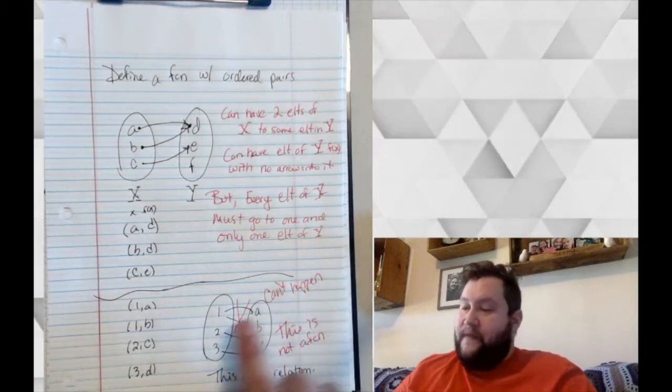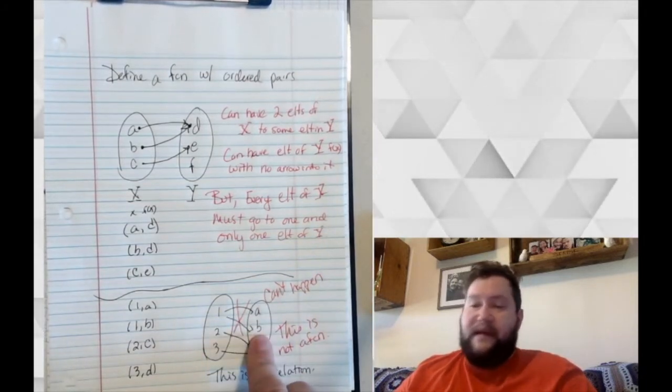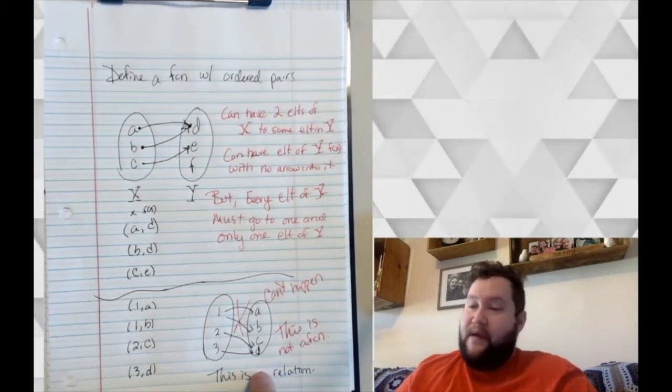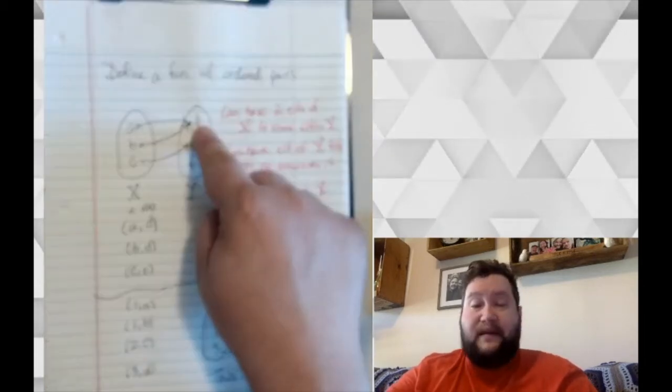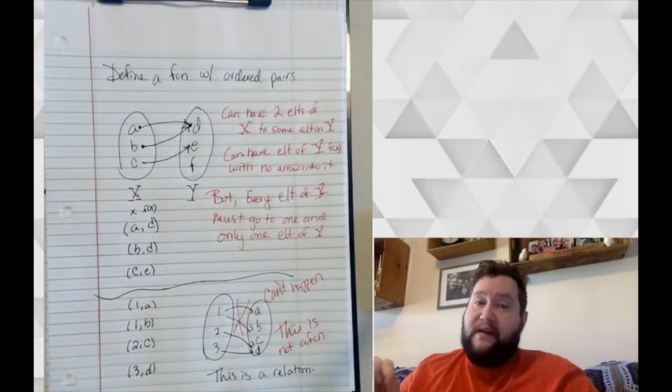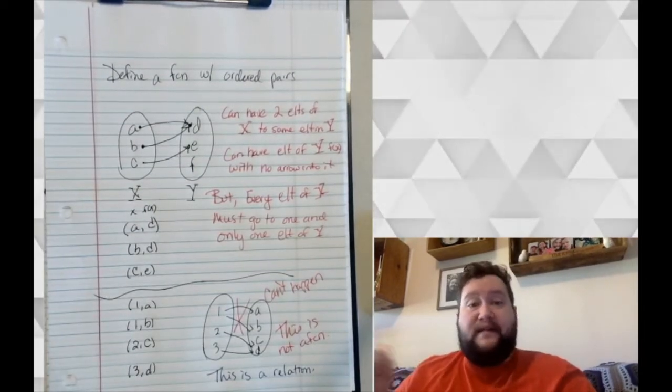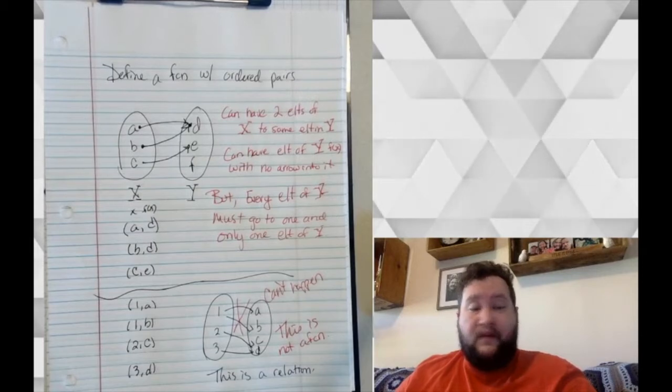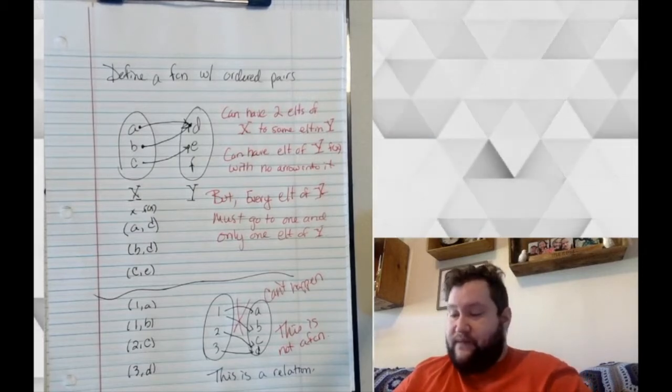So because 1 went to both a and b, it's not a function. But even though both a and b went to d up here, it is a function because a only goes to d, b only goes to d, and c only goes to e. So there we have a function.